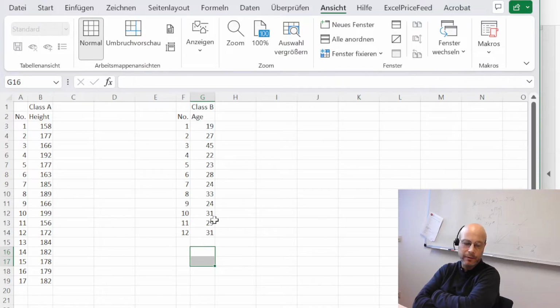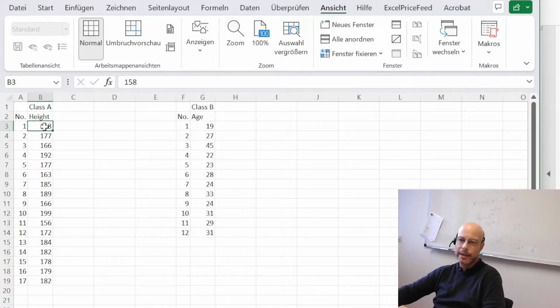But anyhow, I gave you just the definition. So how do we obtain the range of class A of the heights of the students? What do we have to do?